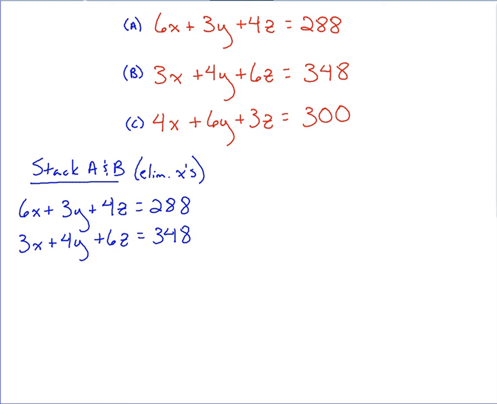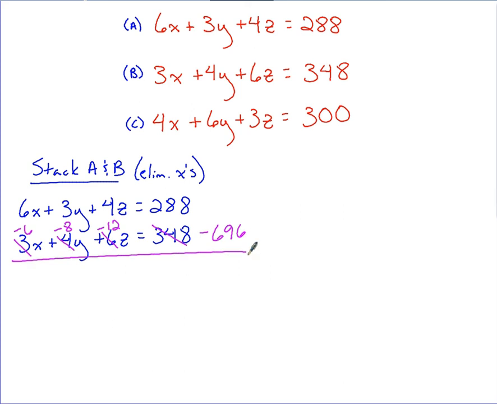So if I multiply this second equation by -2, that'd be -6x, that'd be -8y, this be -12z, right? And -2 times 348, what is it? 696. So there's my adjustments, trying to eliminate the x's.